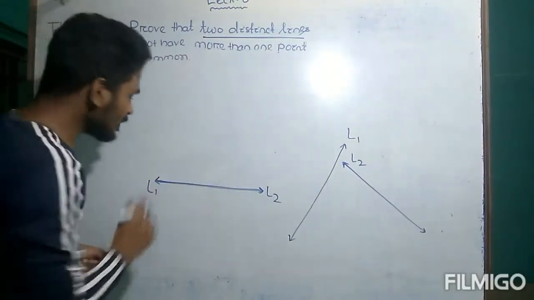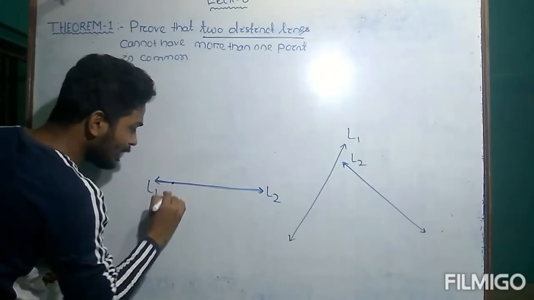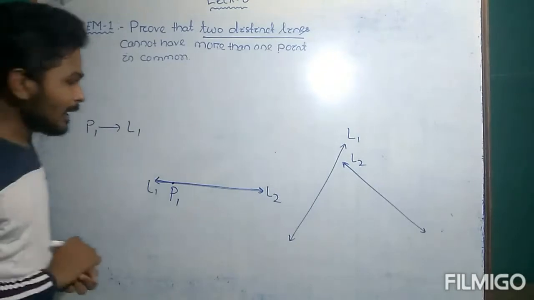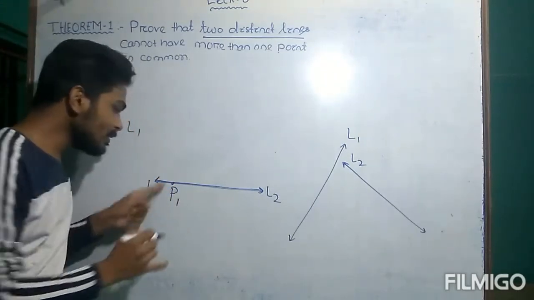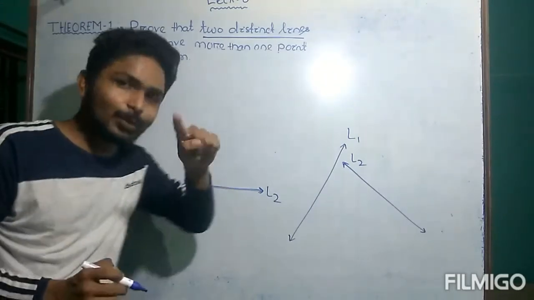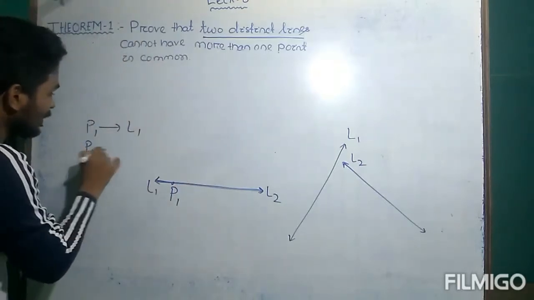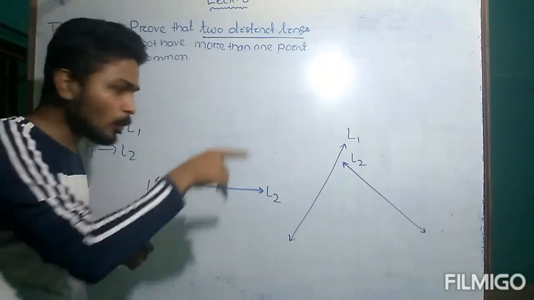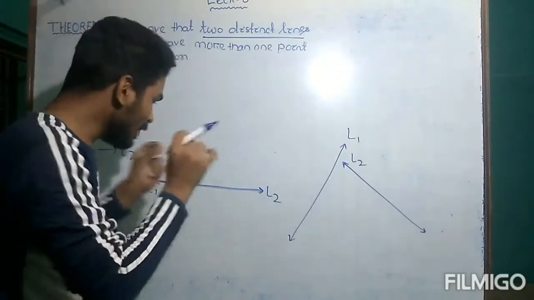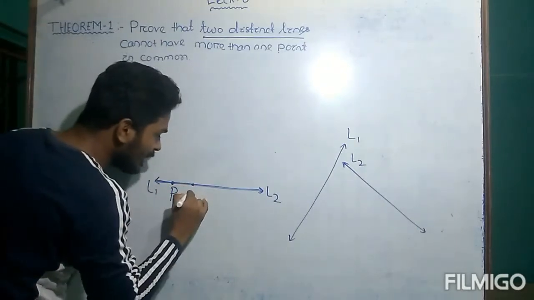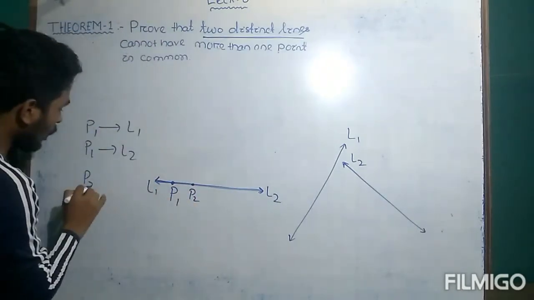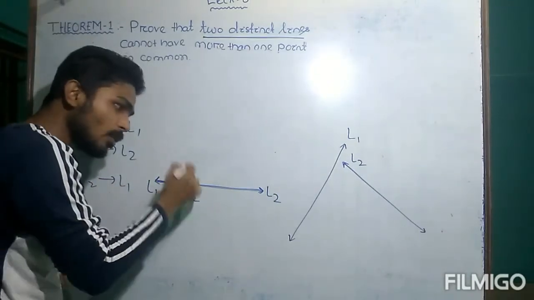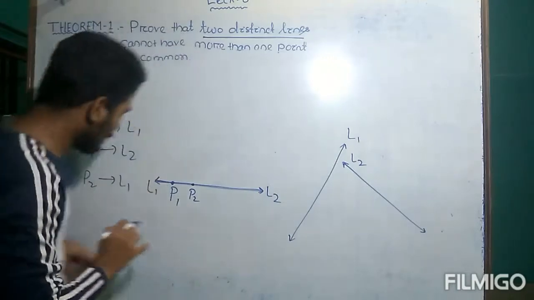Now, suppose I take a point P1 on the line L1. Then you can see this point is also a point on the line L2. So you find that the point P1 is common to both L1 and L2. Similarly, if you take another point P2 on the line L1, then that point is also a point on the line L2.